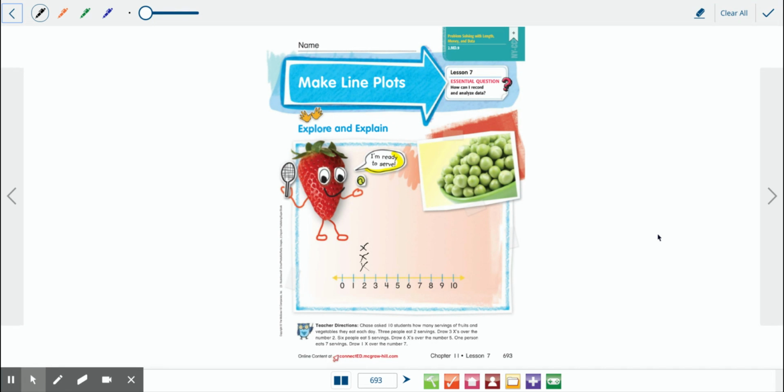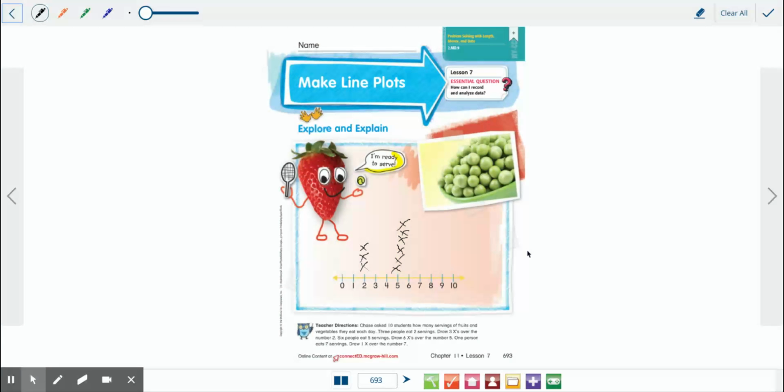6 people eat 5 servings. So I have to put 6 X's above my number 5 on my number line. 1, 2, 3, 4, 5, 6. 6 answers over the number 5.